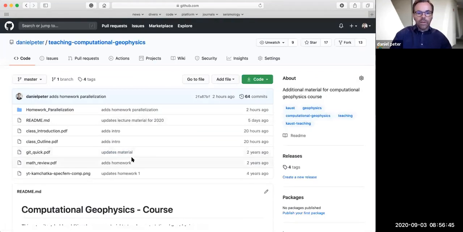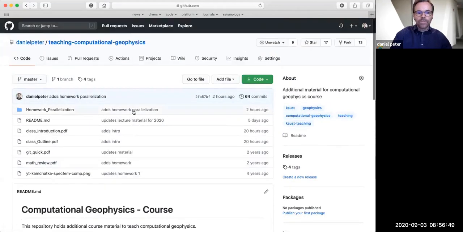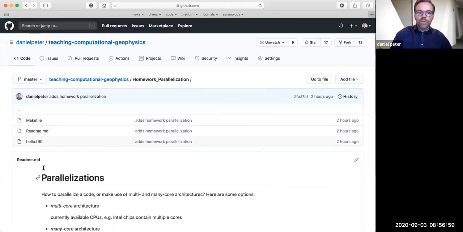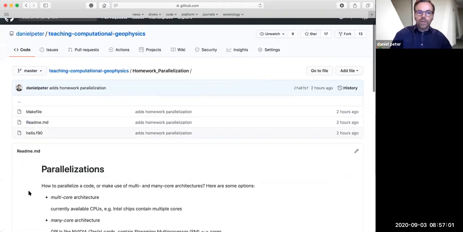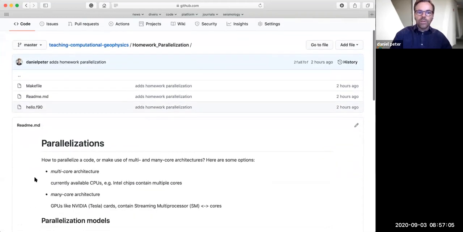And now for the homework, you will see this folder. So get that down onto your local repository, and in this little folder, the homework is basically to parallelize a little for loop. The template I put here is in Fortran.